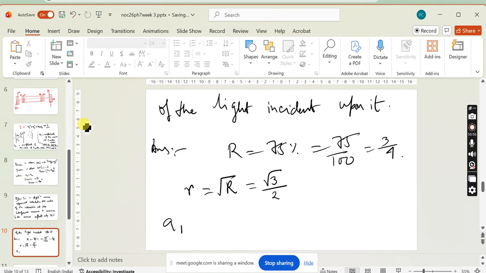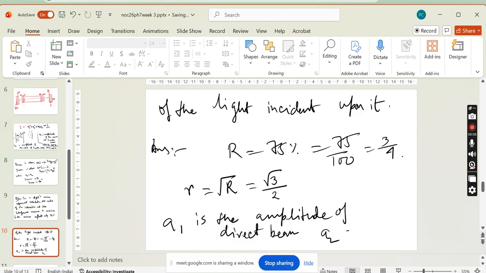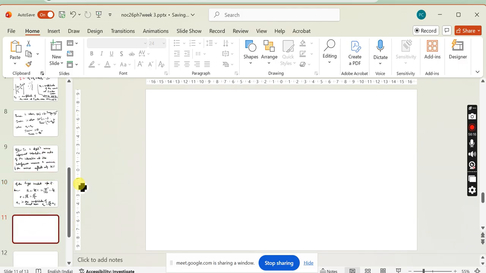And A1 is the amplitude of the direct beam. Then A2 will be root 3 by 2 A1 because of the reflectivity.